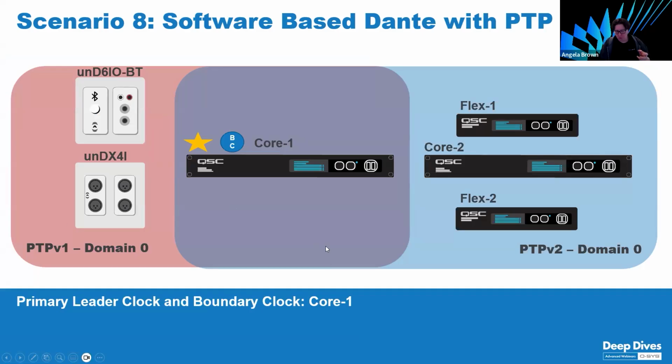One of the big differences between PTPv1 and PTPv2 is the clocking messages themselves. PTPv1 only has two clocking messages, a sync message and a T1 message. And as you saw from the very beginning of this, in PTPv2 we have four different clocking messages, and we're actually able to calculate our offsets.